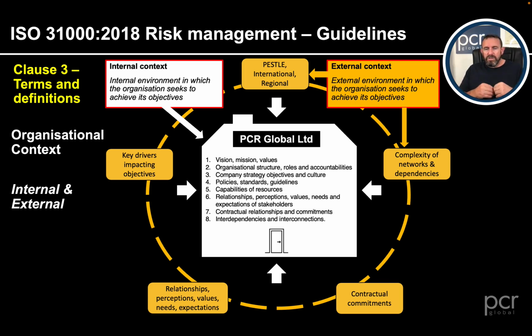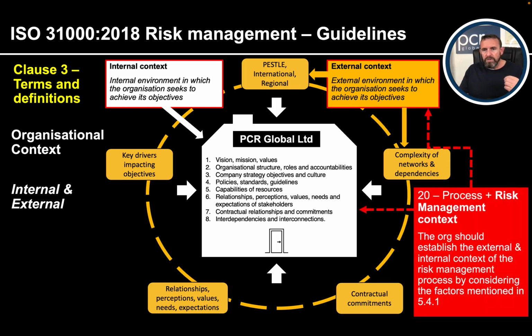But thinking back to the slides earlier, we also talked about the risk management context. So we have the process, where this was referenced earlier on, part of the process. We have the risk management context. The organisation should establish the external and internal context of the risk management process by considering the factors mentioned in 5.4.1.